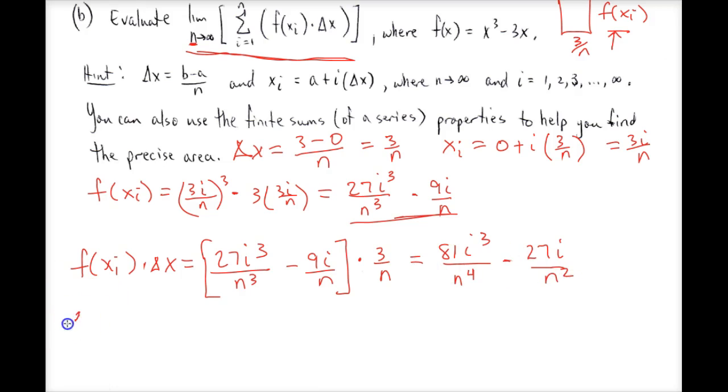And so now when we do the summation from i equals 1 to n of f of x sub i times delta x, it's really going to be of all this.